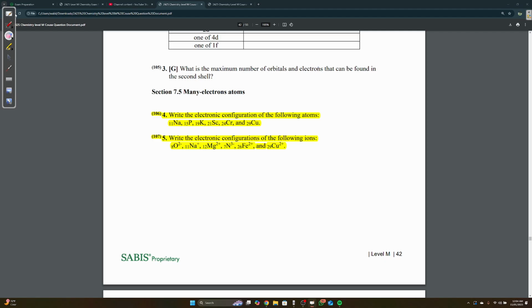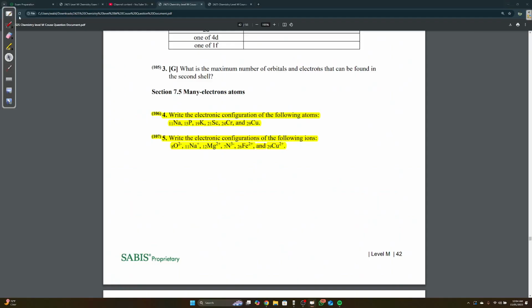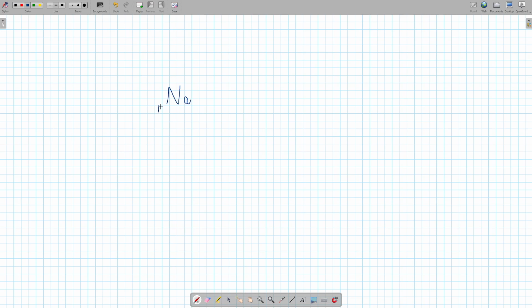So, for electron configuration, basically, each atom, let's give you an example, Na, it has an atomic number and a mass number. Na, I think, is 20 something, I don't know. But what we're talking about here is the atomic number, because you know that an atom's electrons are equal to the number of protons.